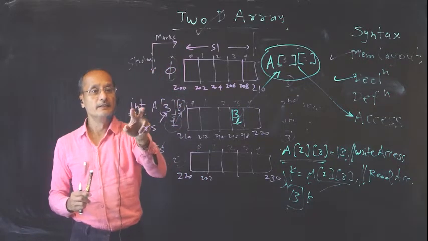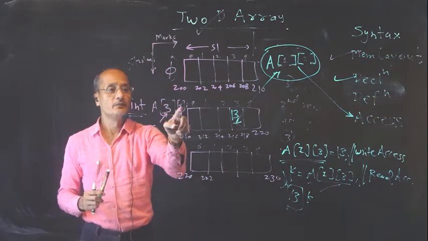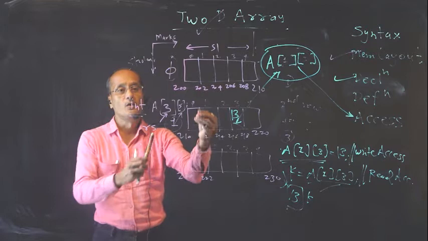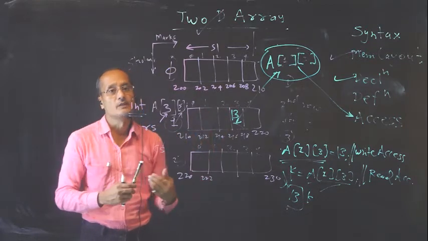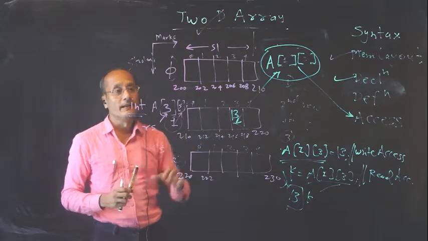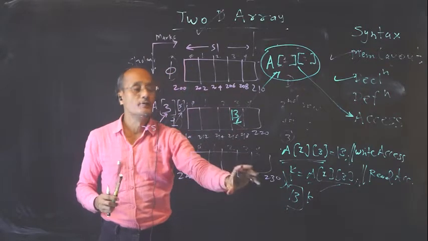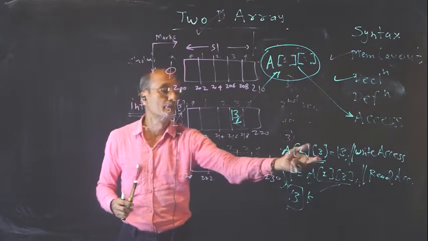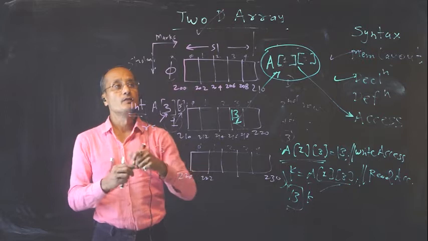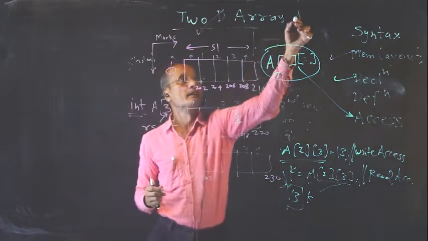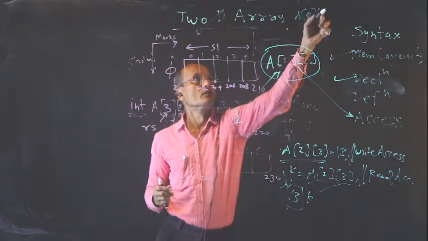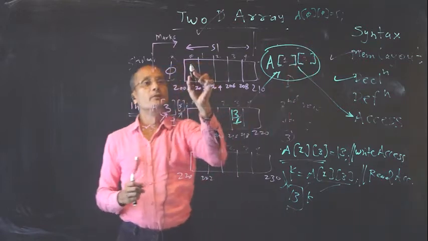Now, if I already declared int A[3][5] and went on writing values into it one by one, in this particular manner, like A[1][3] equal to 13, A[0][0] equal to 5, then 5 will come over here.